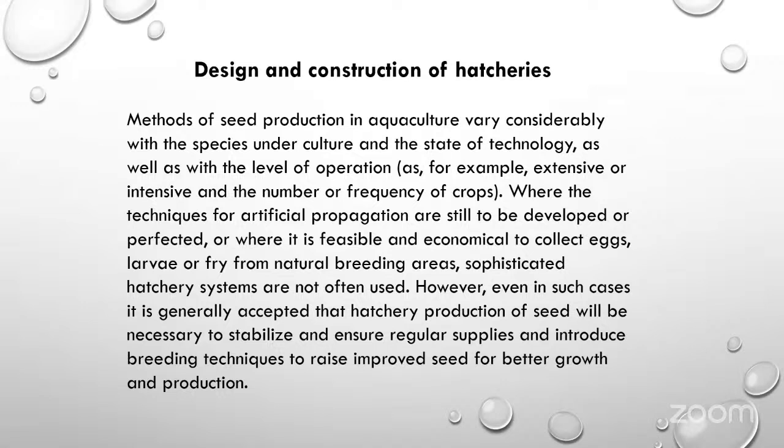Where the techniques for artificial propagation are still to be developed or perfected, or where it is feasible and economical to collect eggs, larvae, or fry from natural breeding areas, sophisticated hatchery systems are not often used. However, even in such cases, it is generally accepted that hatchery production of seed will be necessary to stabilize and ensure regular supplies and introduce breeding techniques to raise improved seed for better growth and production.